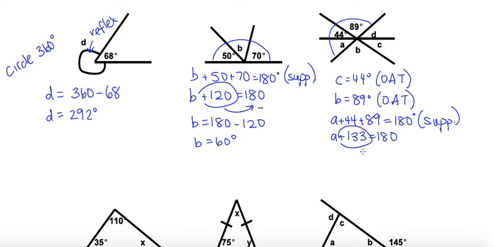Let's move over our 133 and subtract it. So A is equal to 180, take away 133. So A is equal to 47 degrees. And if A is equal to 47 degrees, then D is also 47 degrees because of the opposite angle theorem.